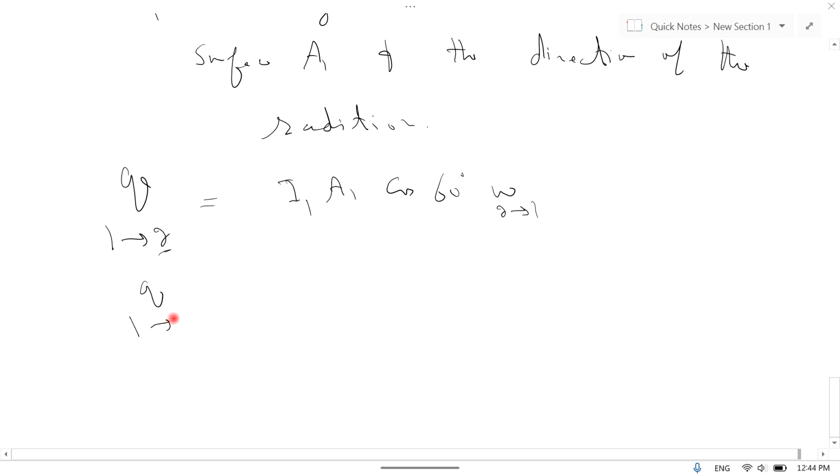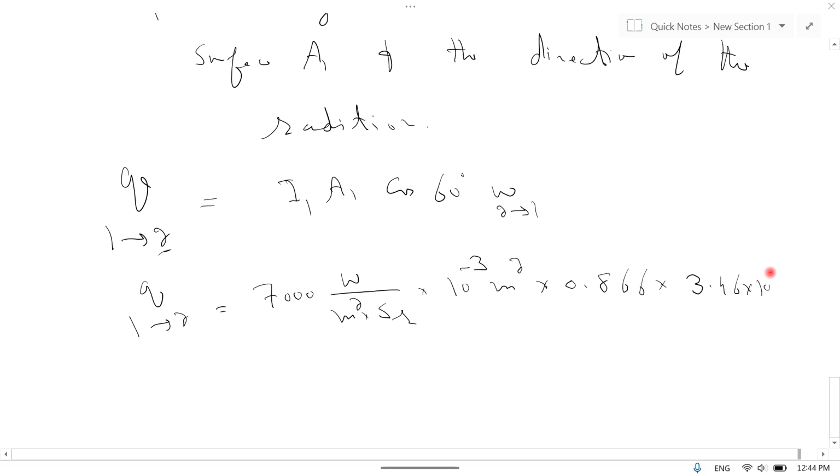So Q from 1 to 2 is equal to I1 A1. I1 is equal to I2 is equal to I3, which is 7000 watt per square meter per steradian. A1 is 10 power minus 3 square meter. Cos 60 is 0.866. And W from 2 to 1, the solid angle between surface 2 and surface 1, is 3.46 multiplied by 10 power minus 3 steradian.